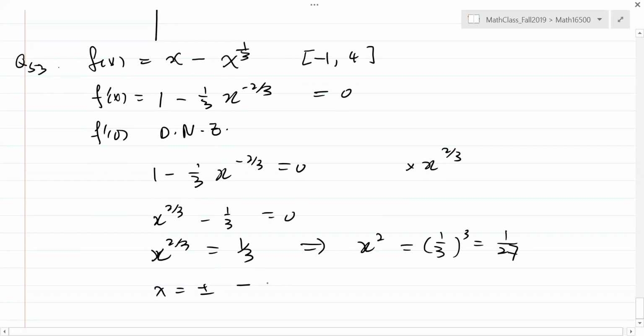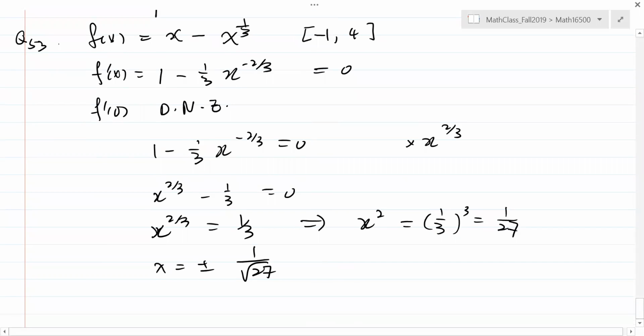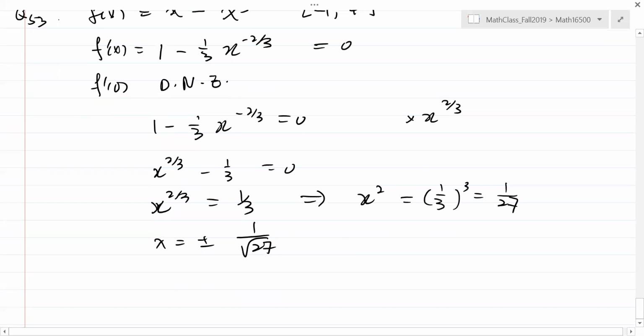x equals plus or minus square root of 1/27. Anyway, it's a number. They're symmetric about the origin, so you have two numbers. I don't know the value, but these are critical numbers. How many critical numbers are we going to get?